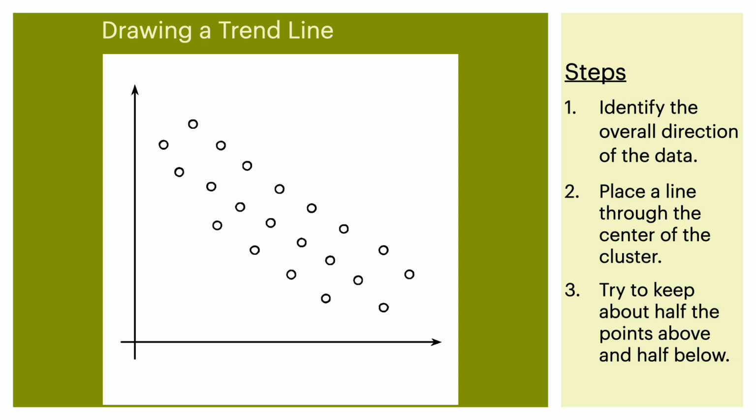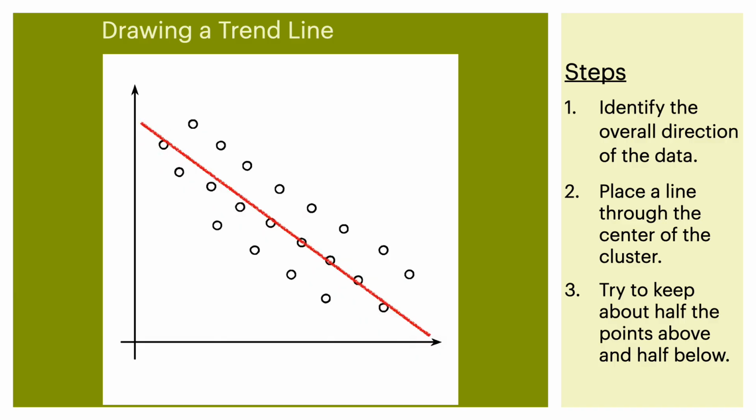So we would put a line on our scatter plot, maybe use a ruler or something like that, and we would move the line across the scatter plot, trying to find where is the spot on this scatter plot where we have exactly half the number of points above and below, trying to get as close as we possibly can.